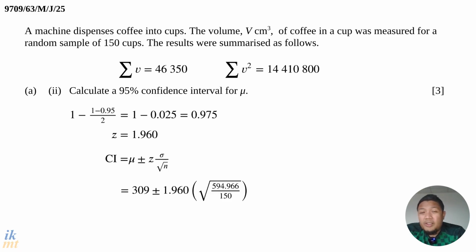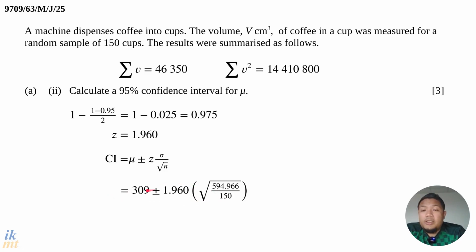Also it is justified because you already got this as a value before. So yeah, you can just keep 595 if you want to. But here, I'm a math person, I'm a stats person, so I like highest accuracy as possible in my working, so I put 594.966 here. But you're welcome to use 595.